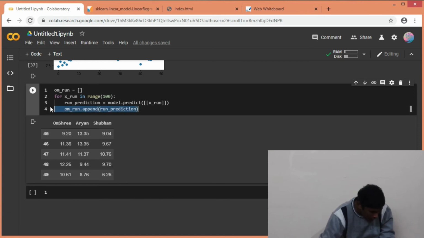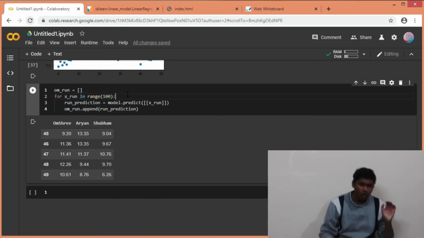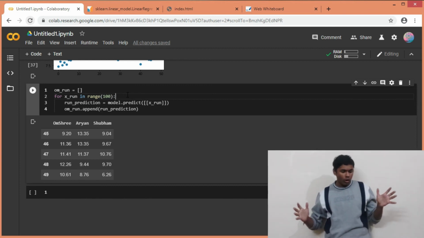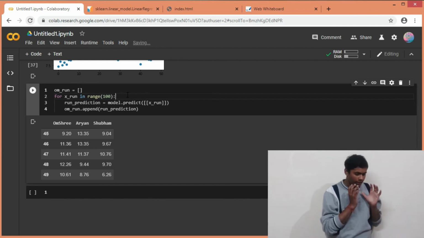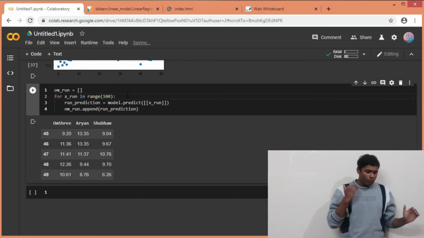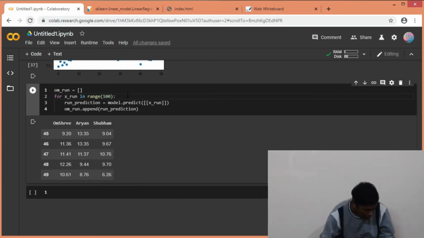So with every time he runs, what I have here is a list, and this is for the range till 100. This for loop will be running for 100 times, and every time I am predicting how much time it will take and how much run he will make.